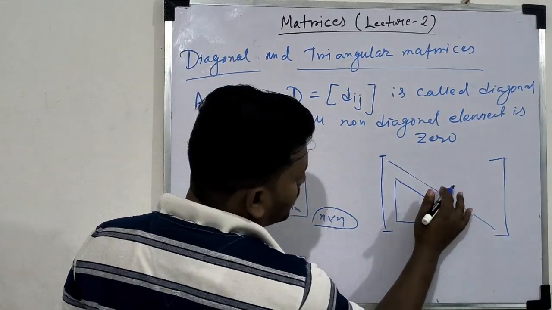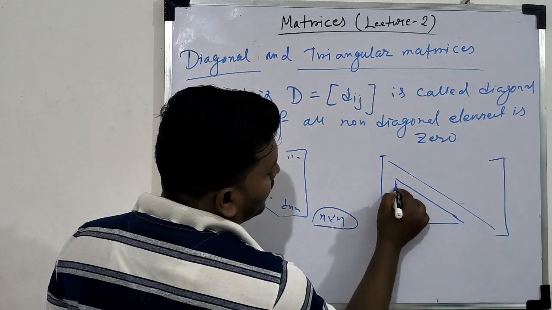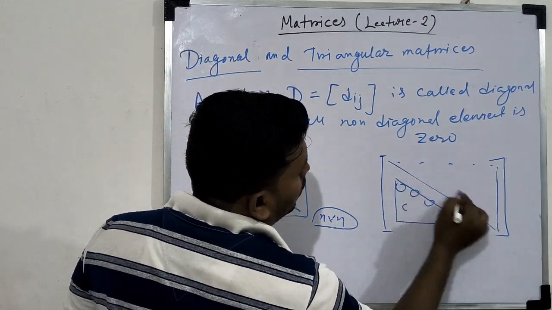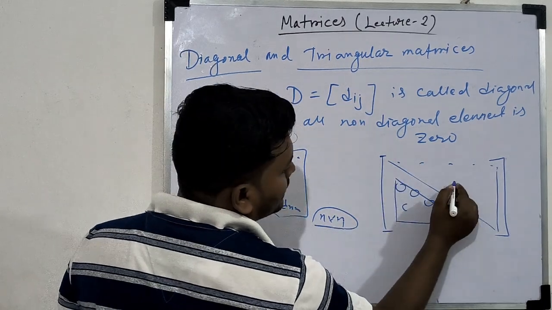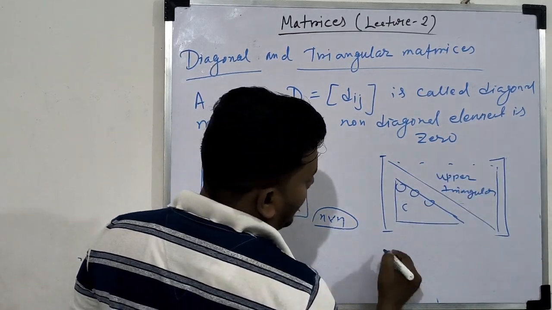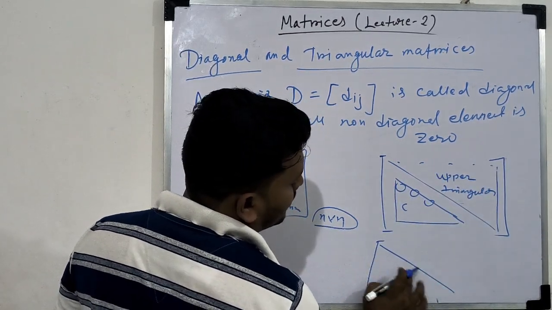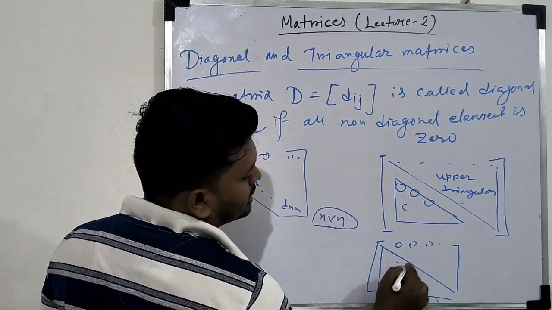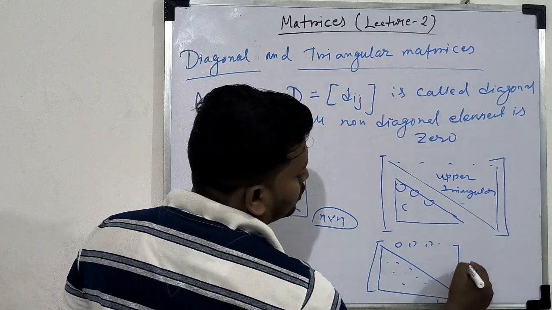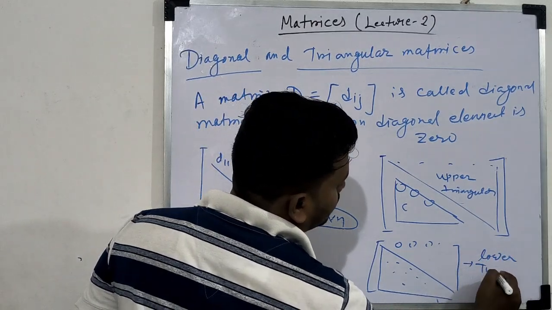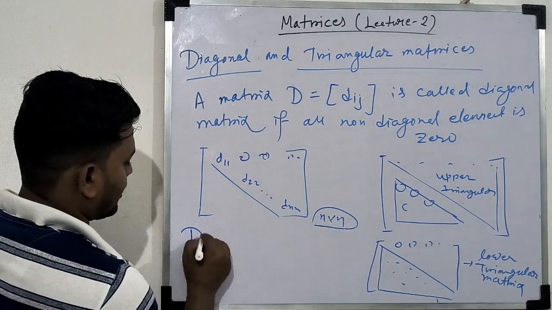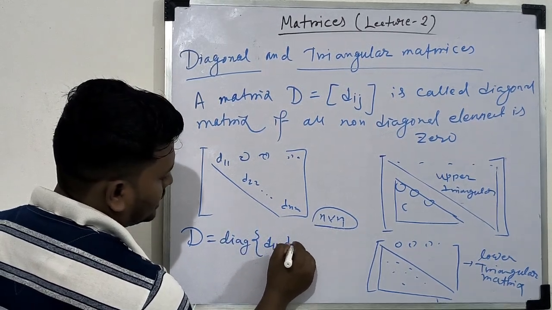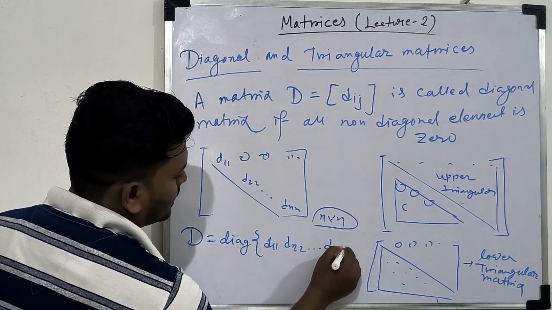And if below the diagonal all entries are 0, and the rest are non-zero elements, we call it an upper triangular matrix. And if above the diagonal all elements are 0, and the rest are non-zero elements, then we call it a lower triangular matrix. So a diagonal matrix can be written as diag(D11, D22, Dnn).